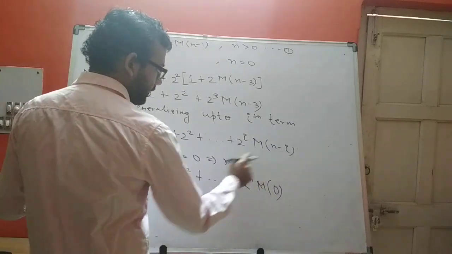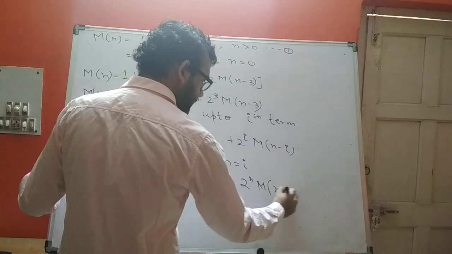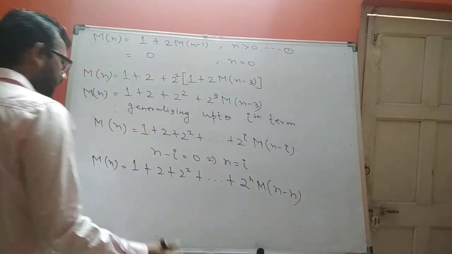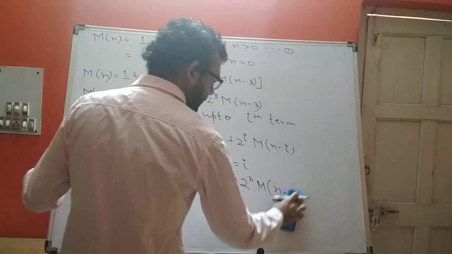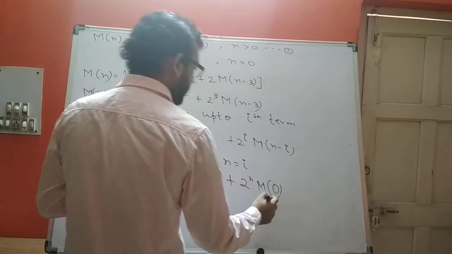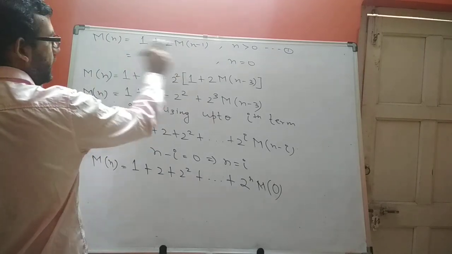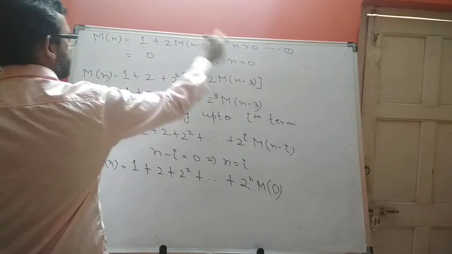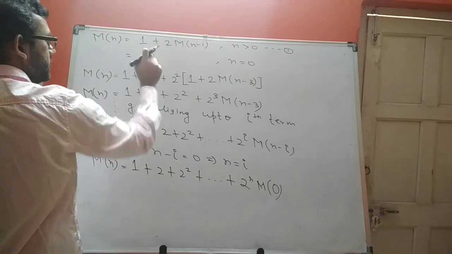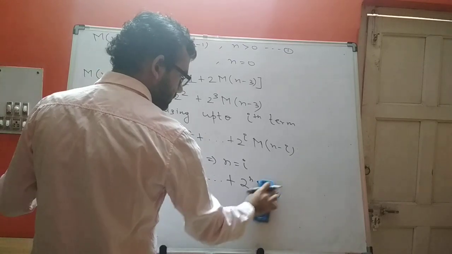See, in place of i I substituted n. So I get n minus n. Now, what is n minus n? N minus n happens to be 0. So I have m of 0. And what is m of 0? M of 0 is 0. In place of n, if you substitute 0, you get m of 0 as 0.